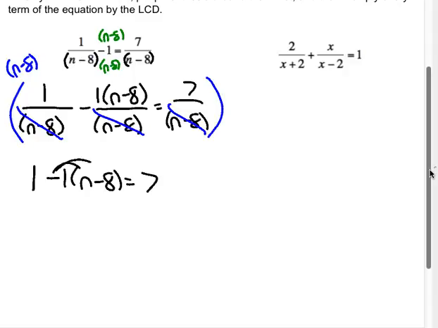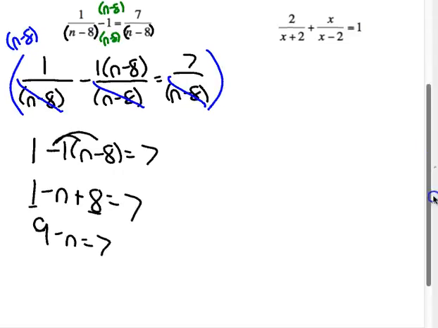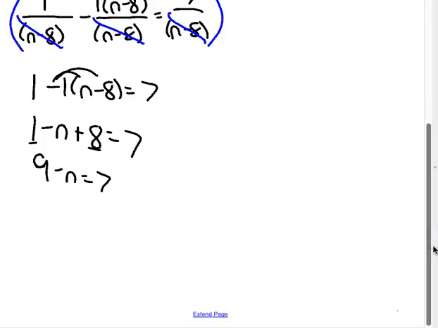Well, let's distribute that negative 1. So here, 1 plus 8 gives me 9. Now I'm going to subtract the 9 off from both sides, then divide by negative 1.